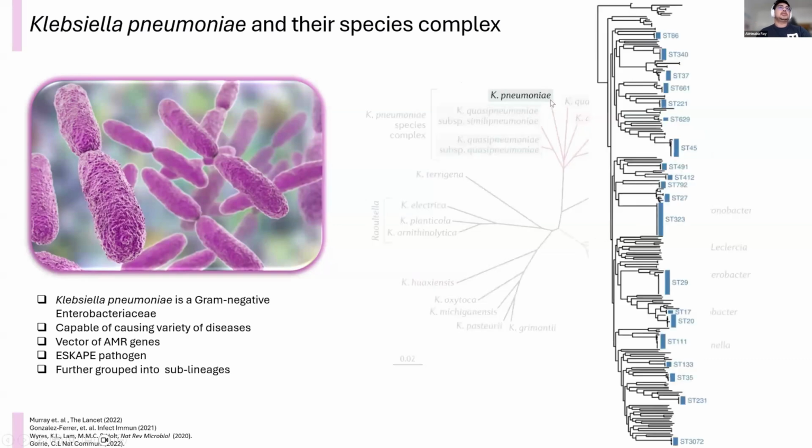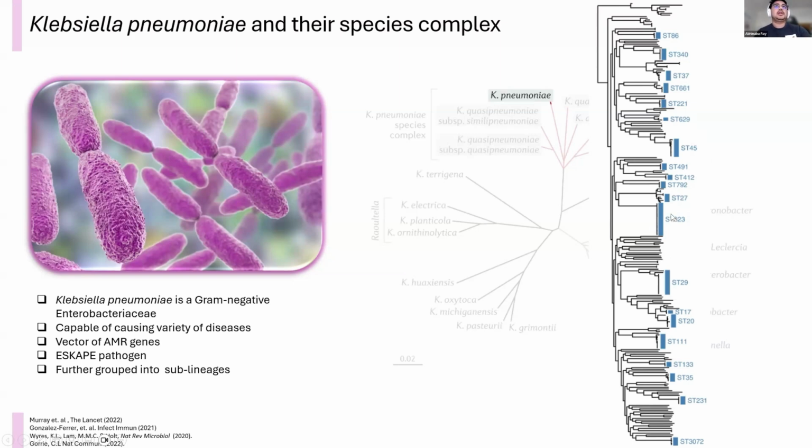But they're also very diverse, and we have talked about a lot of clonal groups or sublineages in many talks. Some of them have shorter branches, which means they resemble each other more closely than the rest of the population. These clonal groups vary a lot in their antimicrobial resistance and everything.